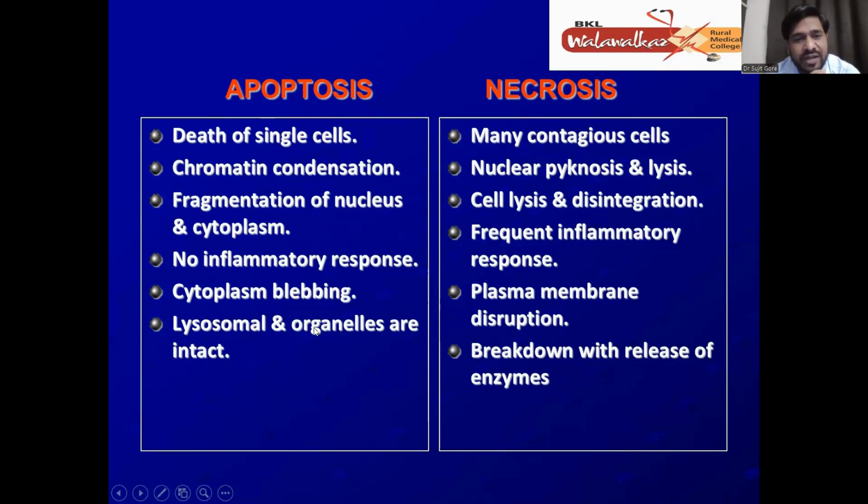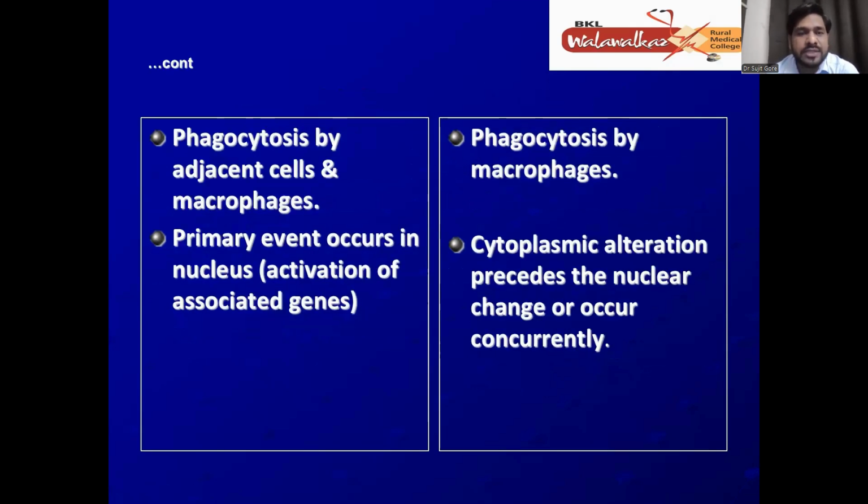In apoptosis, lysosomes and organelles are intact, but in necrosis there is breakdown with release of certain enzymes. So these are the differences for the exam perspective: apoptosis and necrosis, and the difference between dry gangrene and wet gangrene. Next point is phagocytosis. In apoptosis, phagocytosis is by adjacent cells and macrophages.